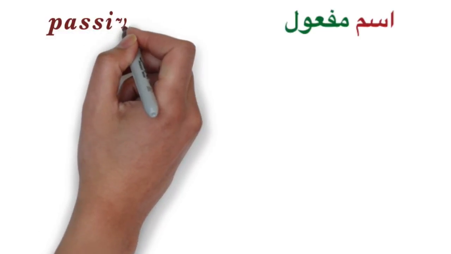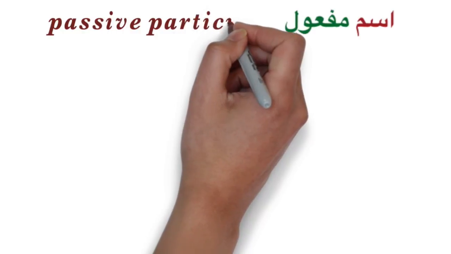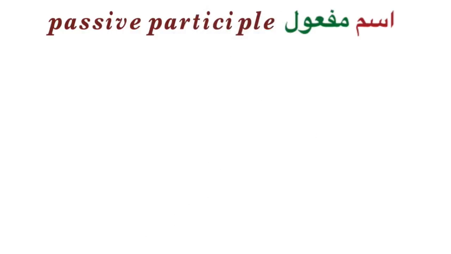So we'll learn quickly about ism maf'ul. What is ism maf'ul? Ism maf'ul is also called the passive participle. Like ism fa'il is the active participle, the one who is doing the action, he is active in the action, and passive, he is the one who is receiving the action.